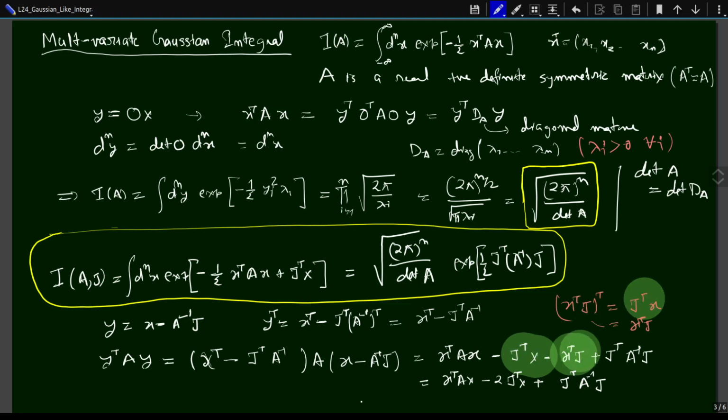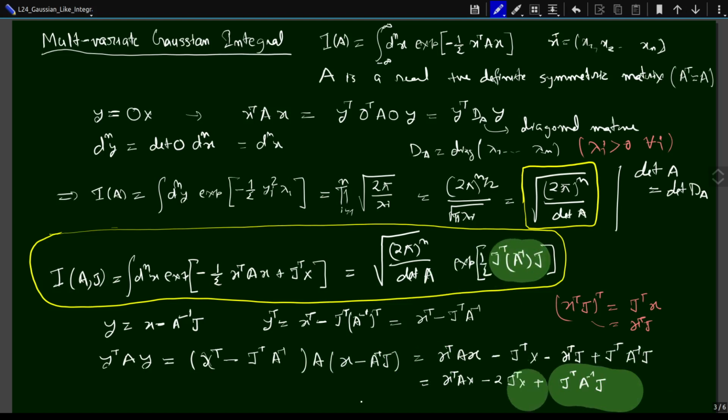So these two are basically the same, so they just add up. So y transpose Ay is x transpose Ax minus twice j transpose x plus j transpose A inverse j. Because in this last piece you have one A, one of the A inverses cancels, so you have j transpose A inverse j. This is what sits over here if you put in all the factors properly.